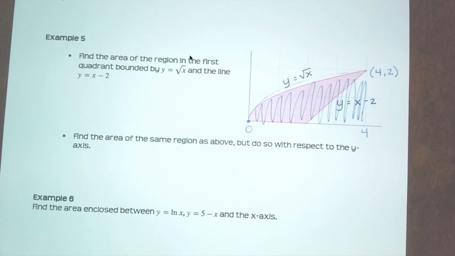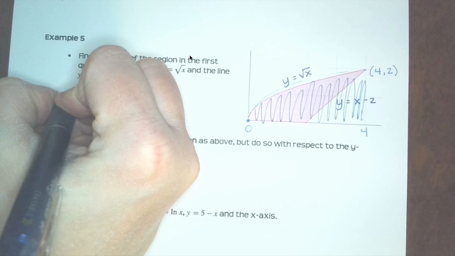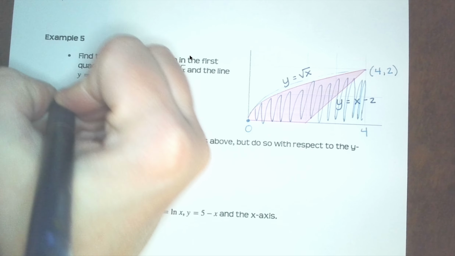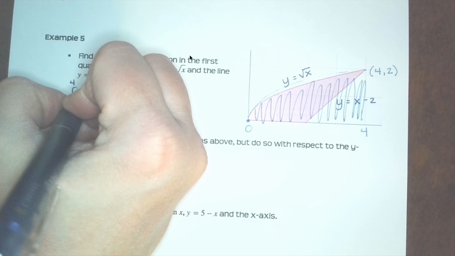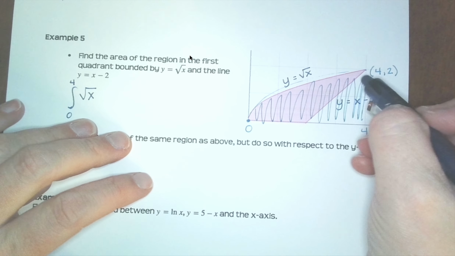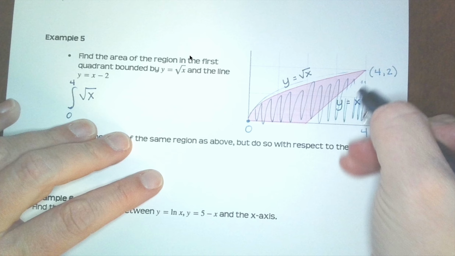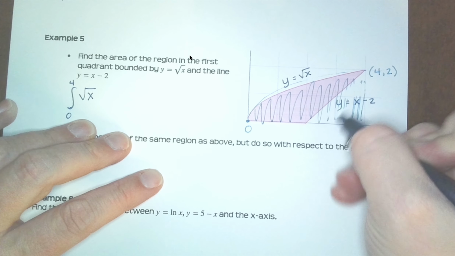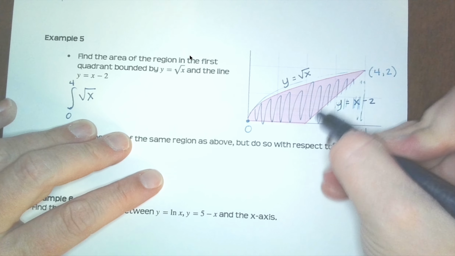So let me just write that down so we can keep track of what we've done so far. We know we're going to integrate from 0 to 4 of the square root of x function. Okay. The problem is when I go to subtract the other function, I want to get rid of this area here, right? This is what I'm trying to eliminate.